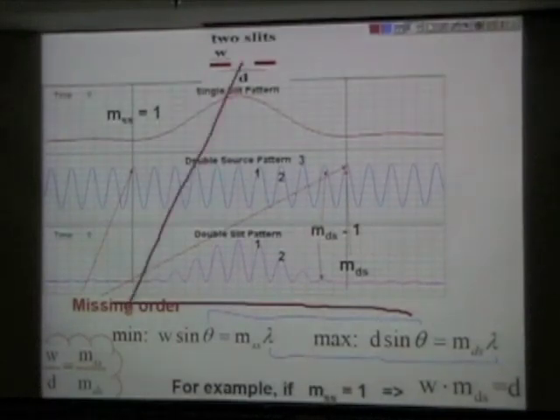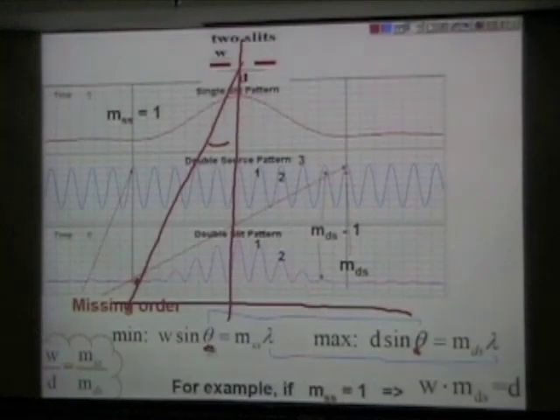For this particular spot, this angle is supposed to be the same in both equations. That should be the angle which describes the first minimum of the single slit interference pattern.